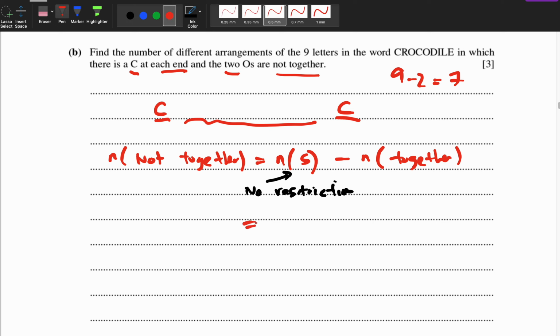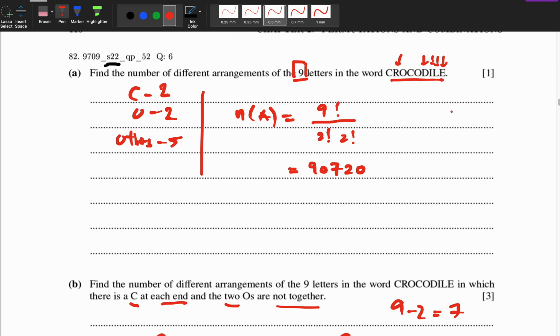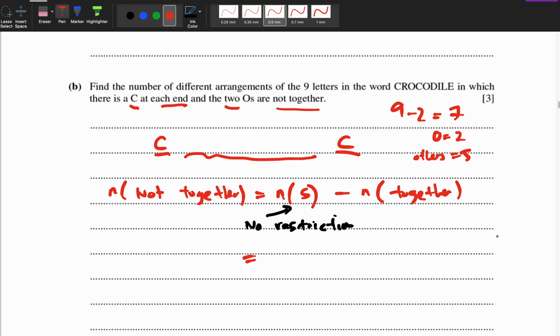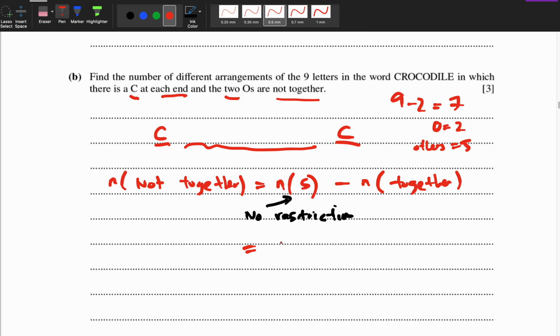Without restriction, we come back to our combination again. We have O, which is 2, and the others are 5, so altogether 7. So just take 7 factorial divided by the repeated one.